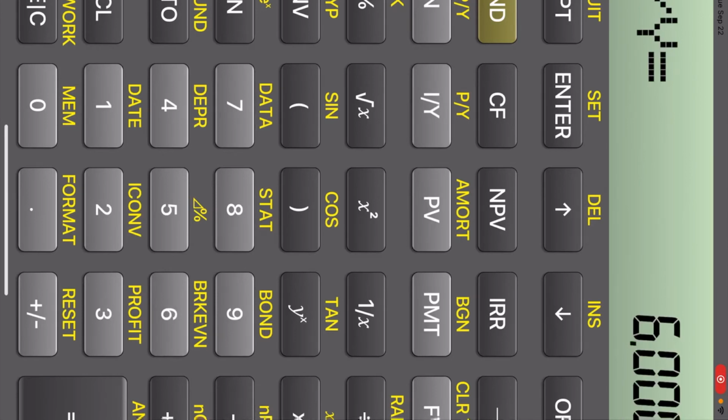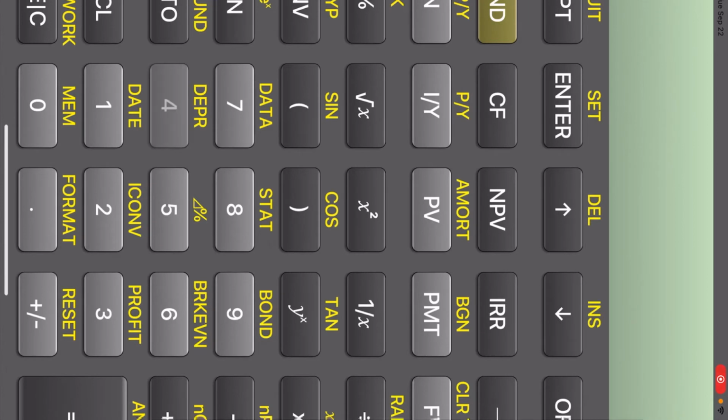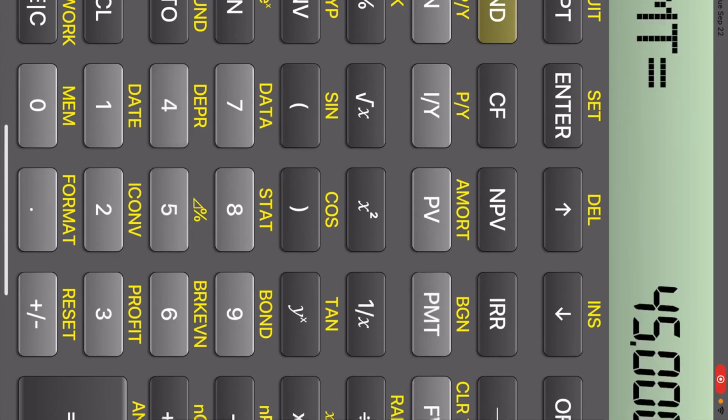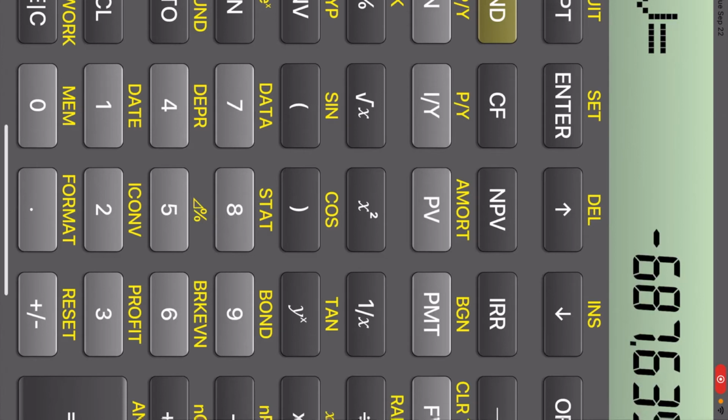We have the future value of 550, and the payment of $45, which is the per period coupon payment. Now we want to ask, what is the present value, that is, what is the bond price? We compute present value, and this gives us minus 687.6, which is $688.